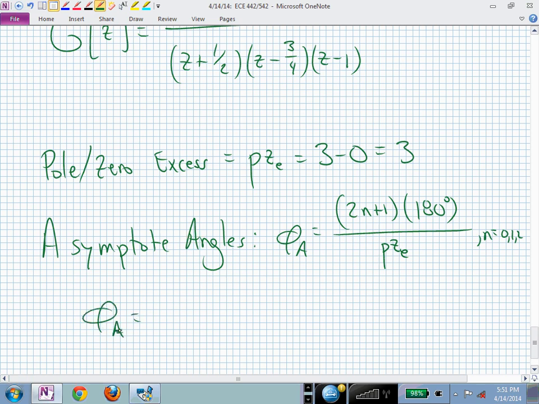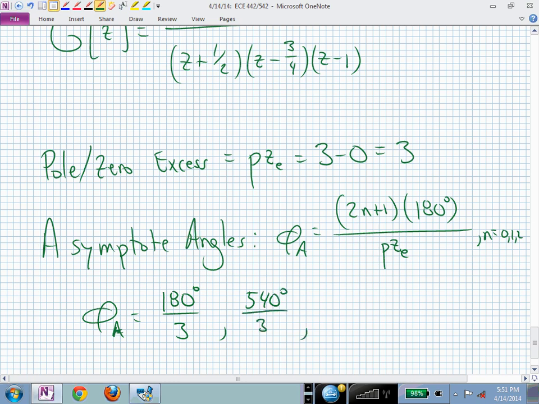So phi sub a, for n equals 0, is 180 degrees divided by 3. Then we plug in n of 1, and we say 3 times 180, which is 540, divided by 3.